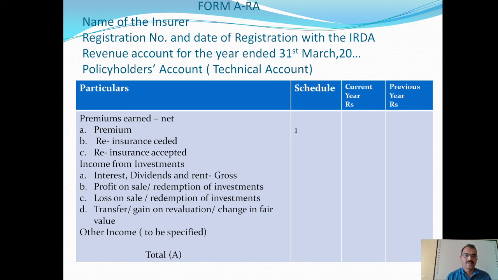Next, transfer, gain on revaluation or change in fair value. Then other incomes, to be specified; the items shown here should be specifically mentioned. Then take the total. So total A, the income part.